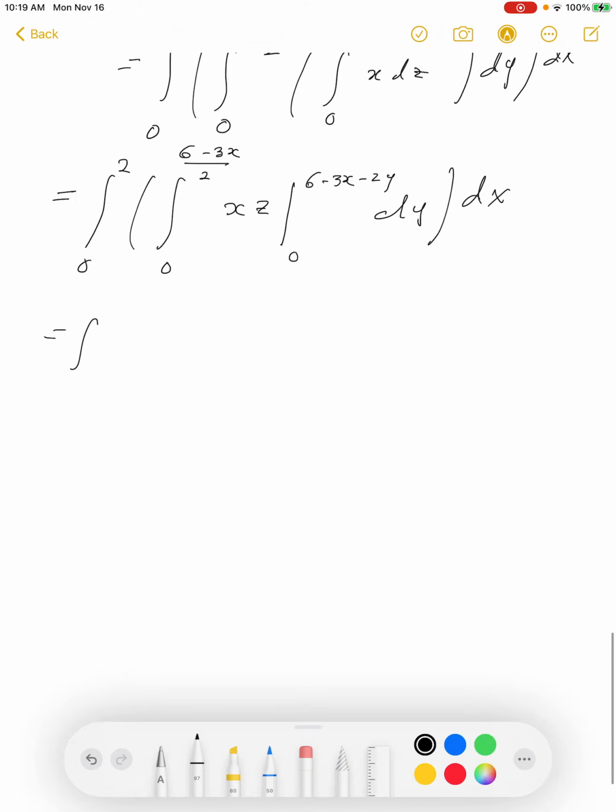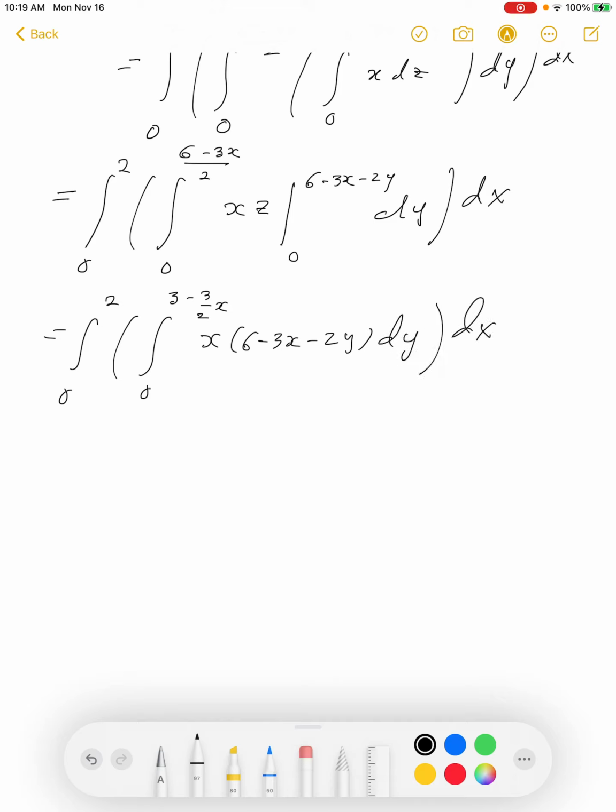So this is going to be integral 0 to 2, integral 0 to, maybe I'll write this as 3 minus 3 by 2 x. And then evaluating between these two limits will give you x times 6 minus 3x minus 2y. x times 0 is 0. So this dy, and then you have dx.